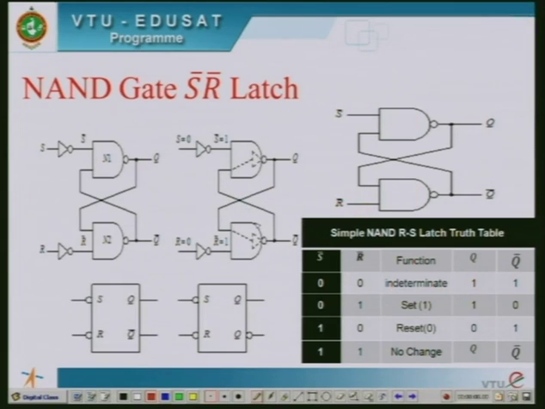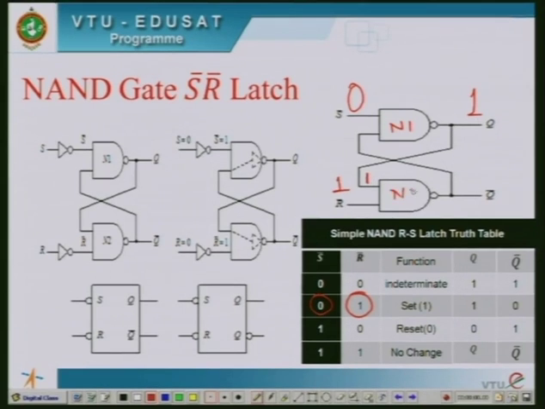Next condition, let us see. If S bar is 0, then what would be the output of N1? The N1 output will surely be high, and R bar we are choosing as 1. So, this condition is S bar is 0, R bar is 1. For 0 input, output is permanently in high state, and this 1 comes as the input to the second gate N2.